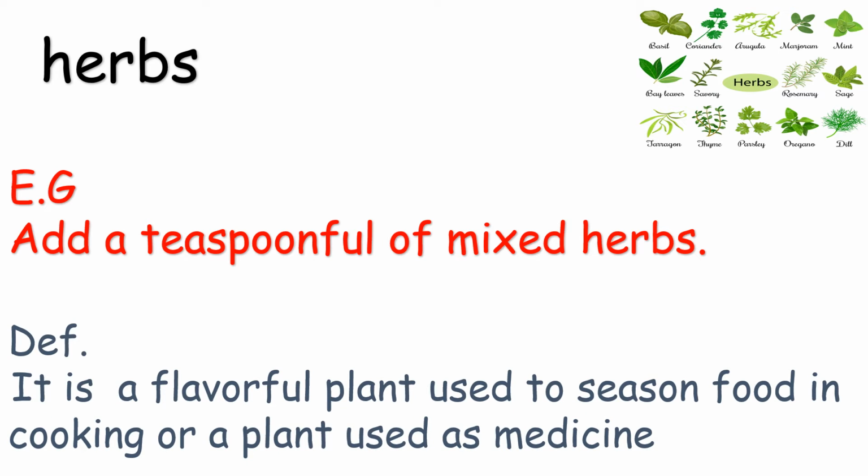So herbs is a flavorful plant used to season food in cooking or a plant used as medicine. We can use herbs in cooking or we can use them as a medicine.